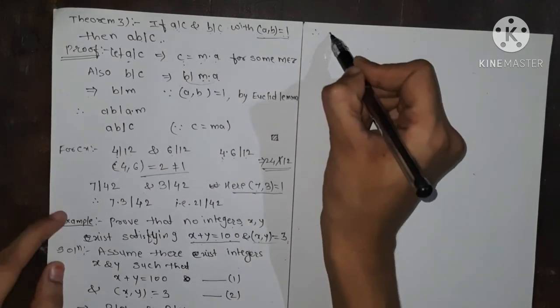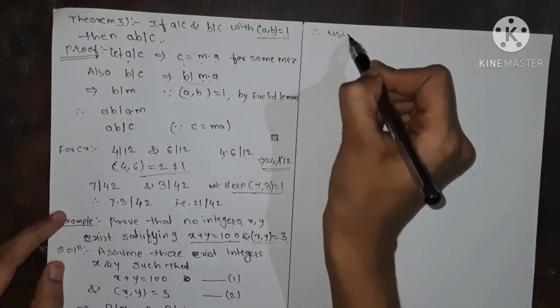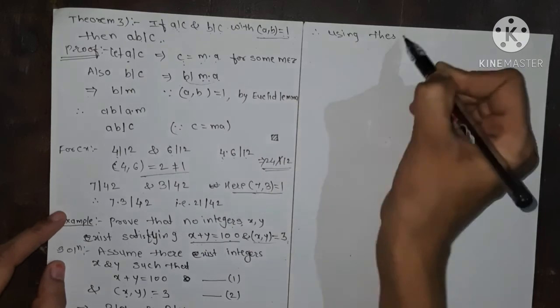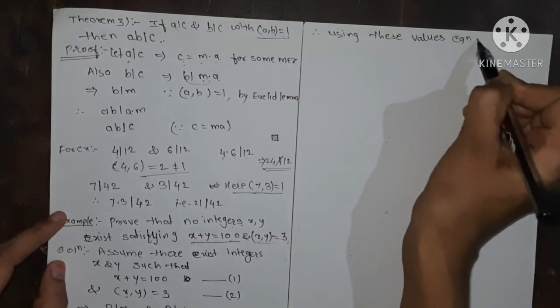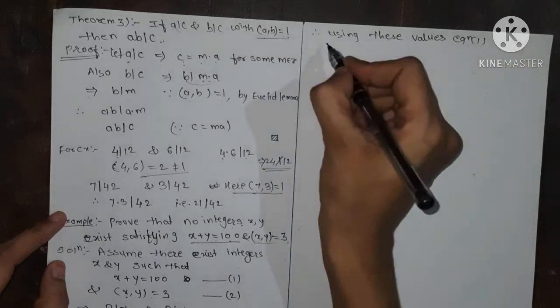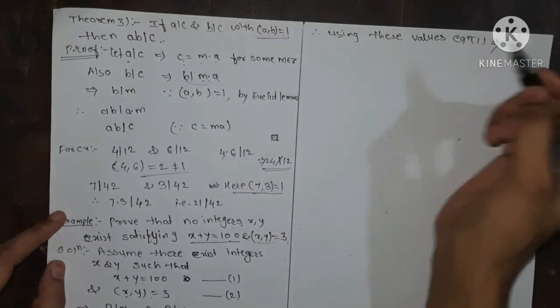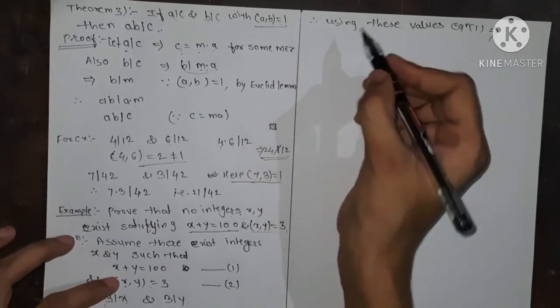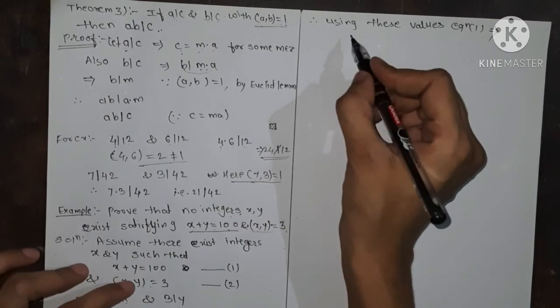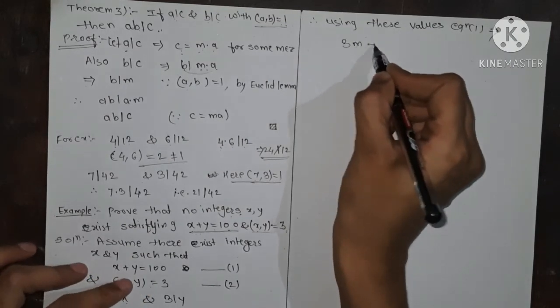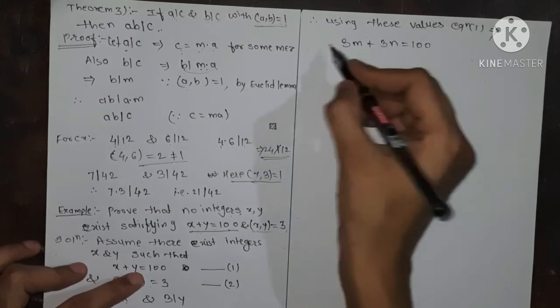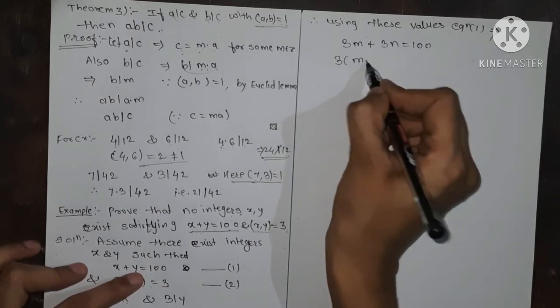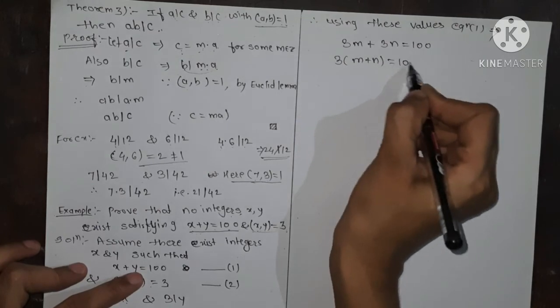Therefore, using these values, equation 1 implies that we write x plus y equals 100 as 3m plus 3n equals 100. We can take the common 3 out in brackets: we have 3 times m plus n equals 100.